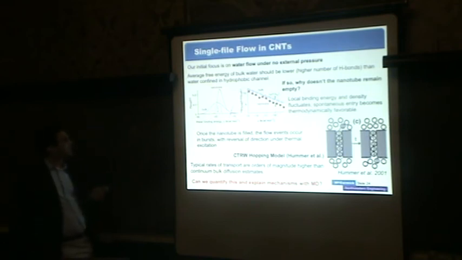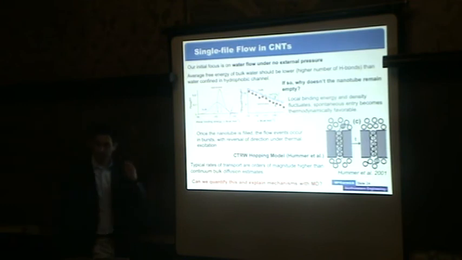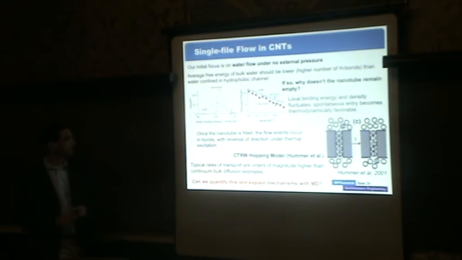And as a result of that, you get random events where you have a water molecule getting into the nanotube and forming a coordinated system there with hydrogen bonding with adjacent molecules. So since the energies of the two cases are fairly comparable, overall, on average, you have water molecules filling in the nanotube. And this is a model that was developed by Hummer and others earlier in 2001, I think.